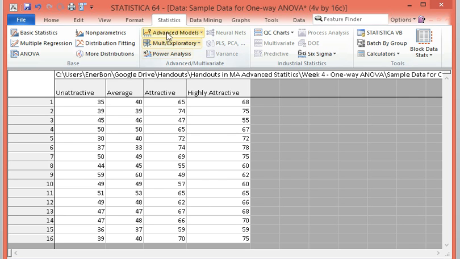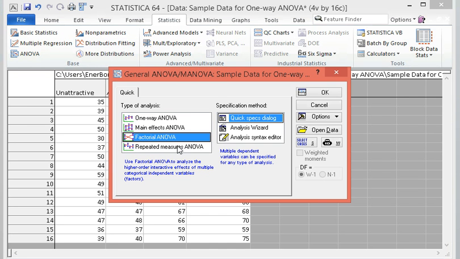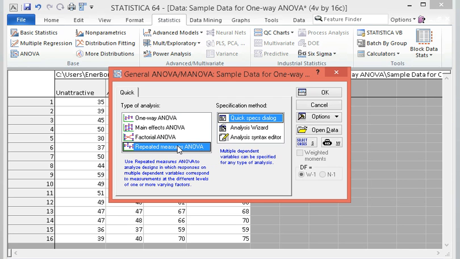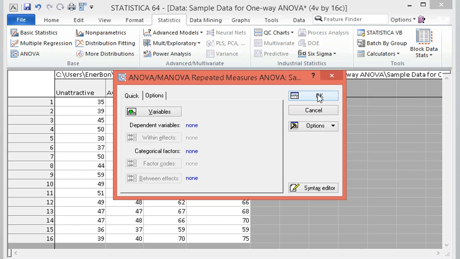So just click on Statistics and then click on ANOVA, Repeated Measures ANOVA, then click OK.